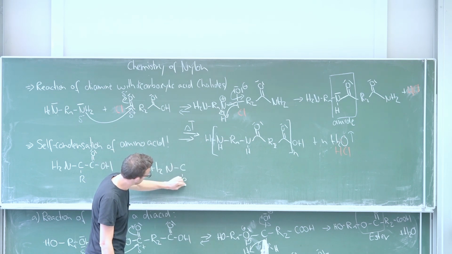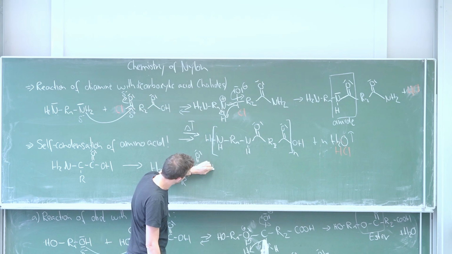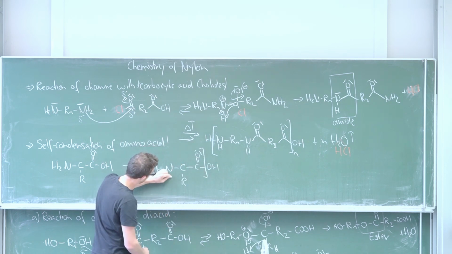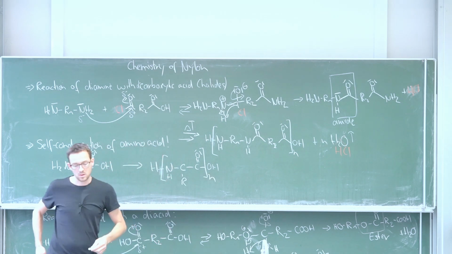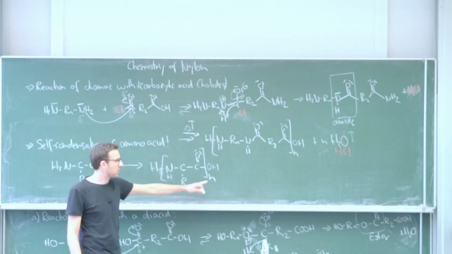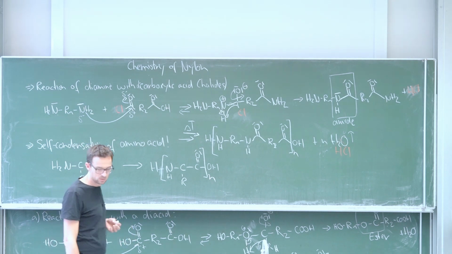C, R, and maybe these types of structures look familiar to you. This is exactly what we find in proteins.